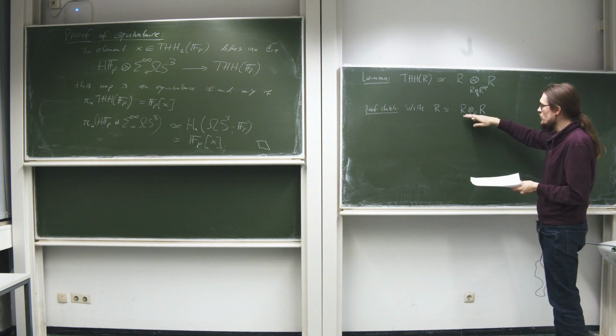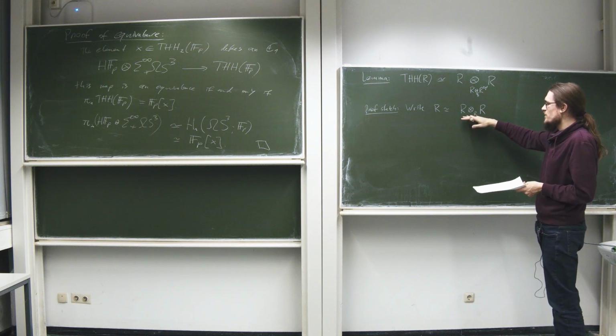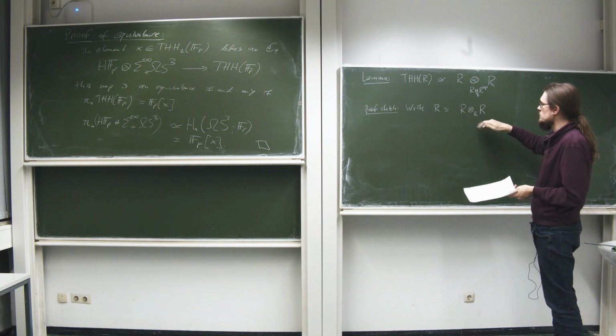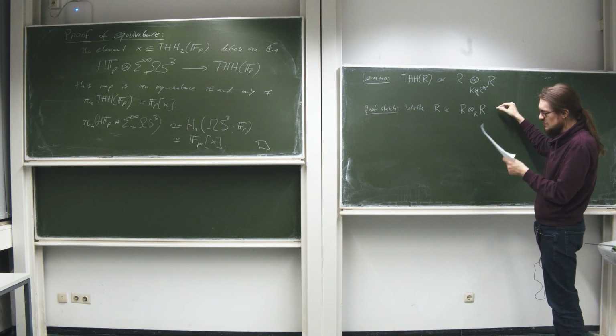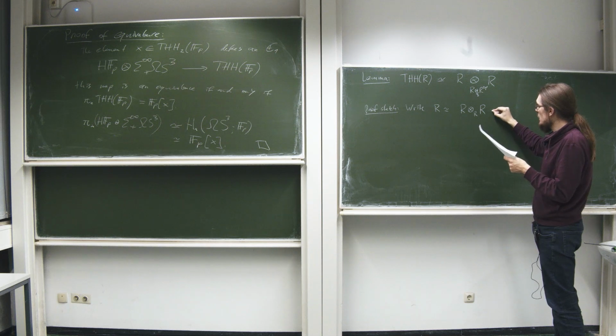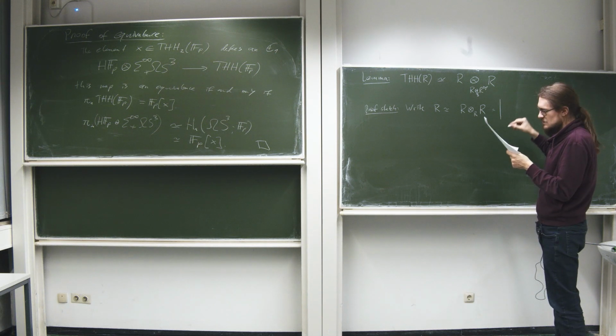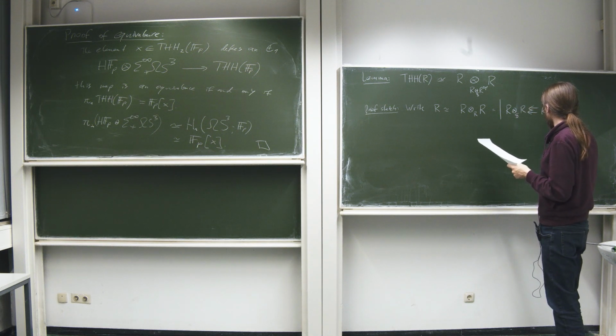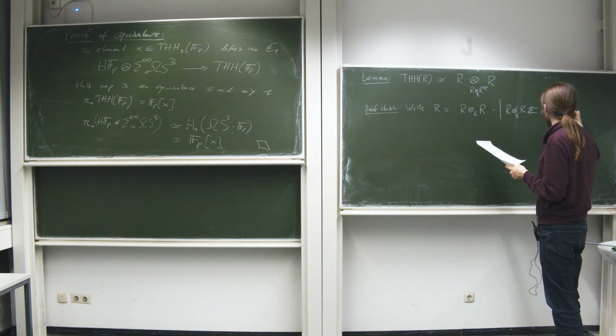But if you remember how we defined this as some kind of realization of a bar complex, this is not as tautological as it sounds. We defined this as a colimit of this kind of simplicial diagram.